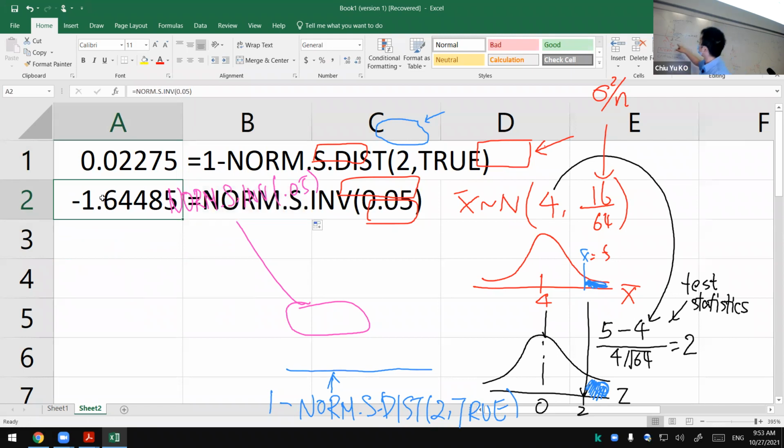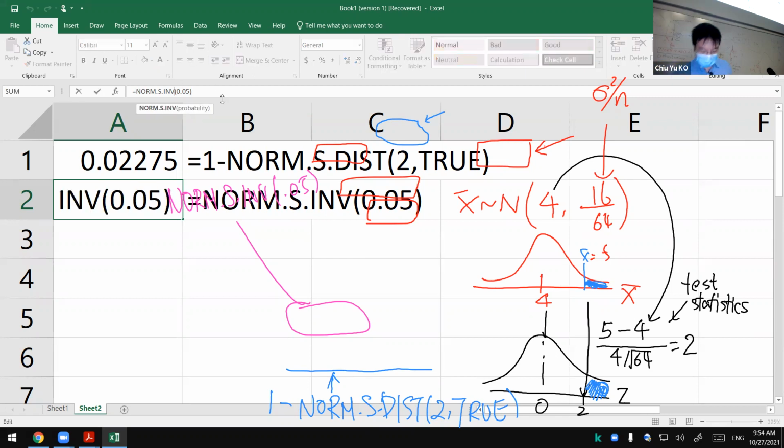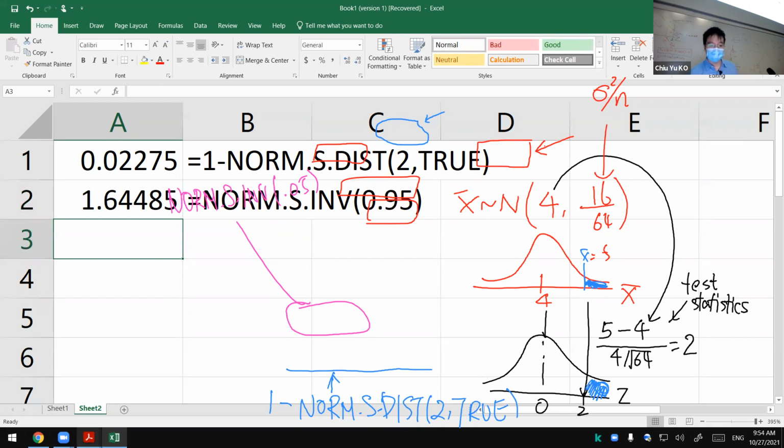So sorry, not 0.05. 0.05 is this side, so it's 1 minus. Sorry, it should be 1 minus here, because alpha is the right hand side, so you have the left hand side. So this is 1 minus alpha. So I should put 0.95.